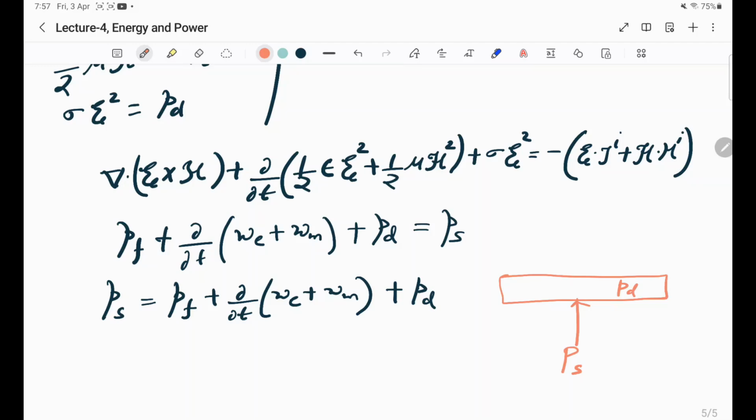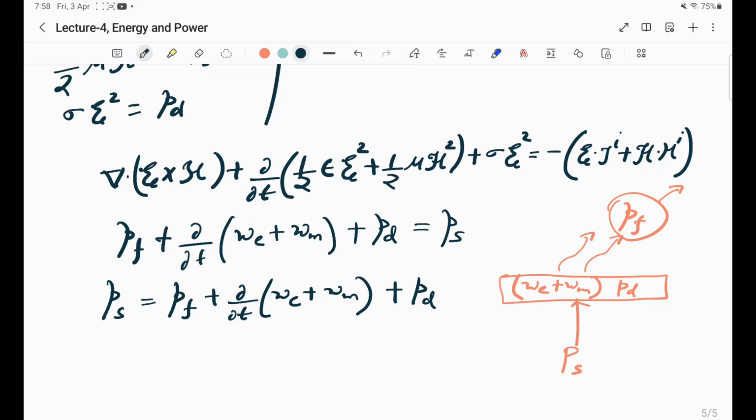Some of the power is stored inside the antenna, which is stored electric energy and stored magnetic energy, and the remaining part is transmitted away, which is the power flux PF. Okay, so what we usually are interested in is this part, that how much power is getting transmitted in free space so that the signal can be transmitted.